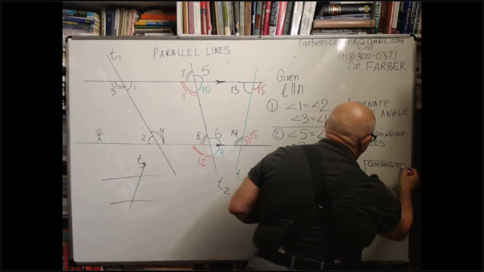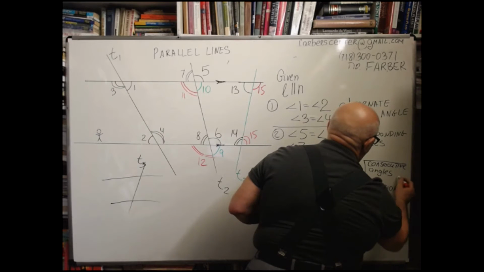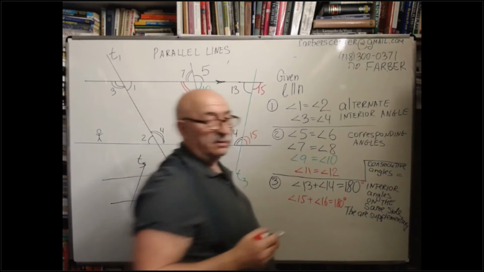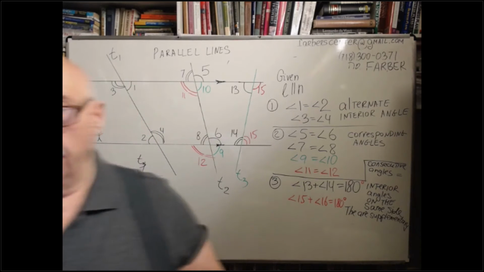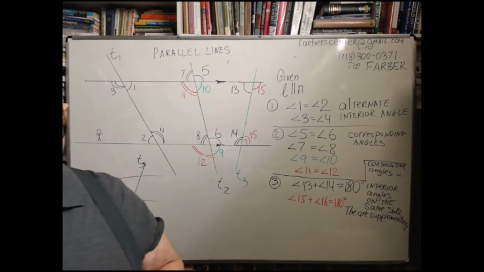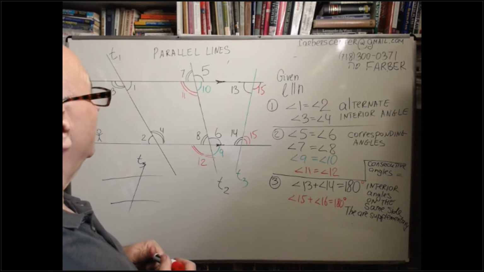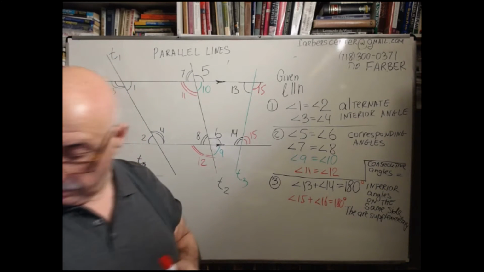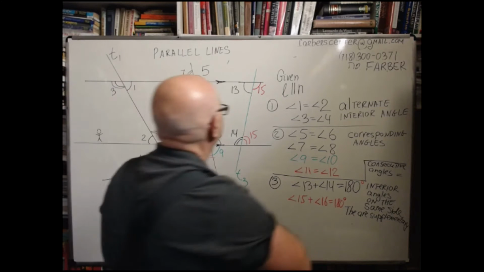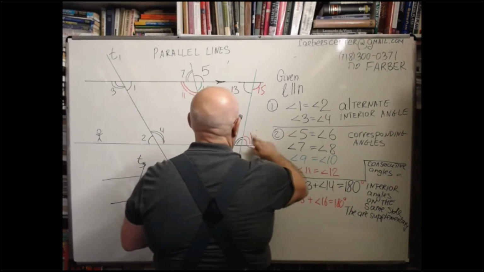Consecutive angles, one after another. Or interior on the same side. Yes, question? No, you put 15 on both. 15 and 16. Yeah. Okay. This is supposed to be 16.